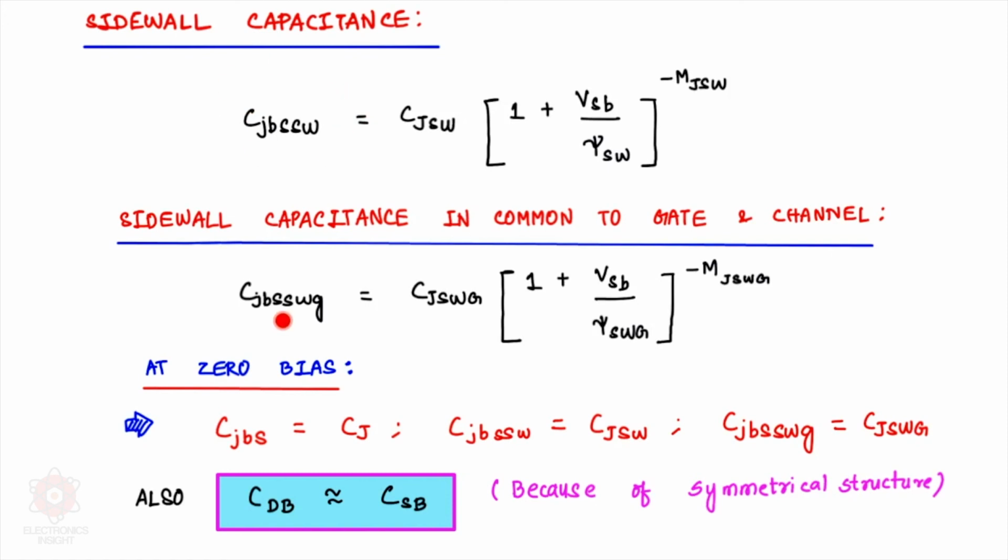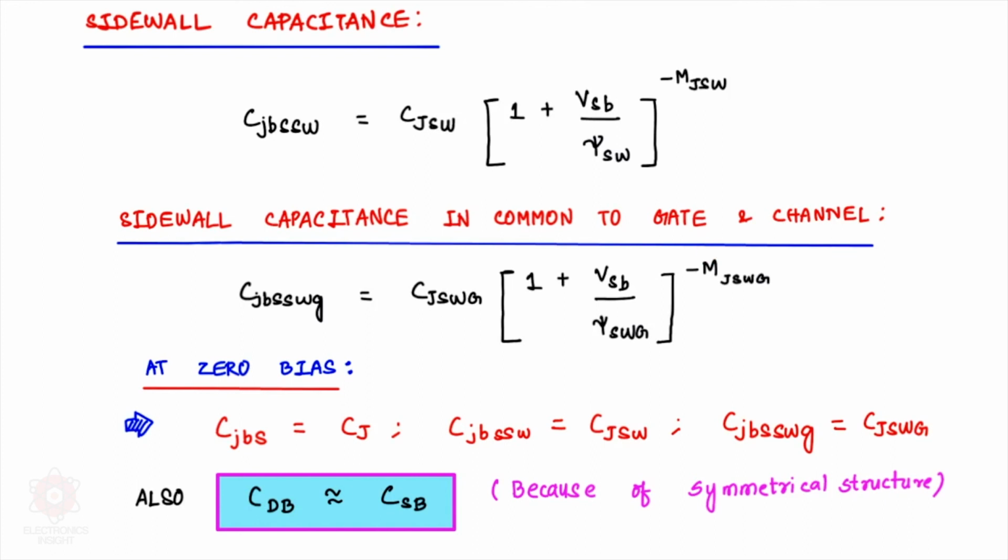The side wall in common to the gate and channel we calculate separately, because of the common connection between the gate and the channel. We always do this separately. That is why sometimes the perimeter is taken as 2D plus W, considering only this side wall width, and the other side wall width is handled with a separate perimeter calculation.